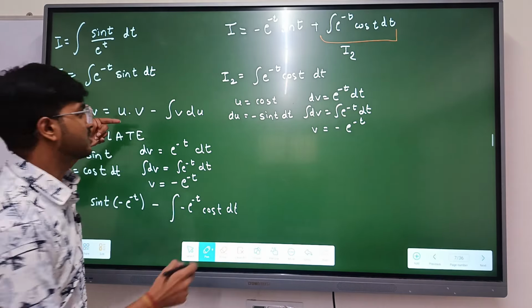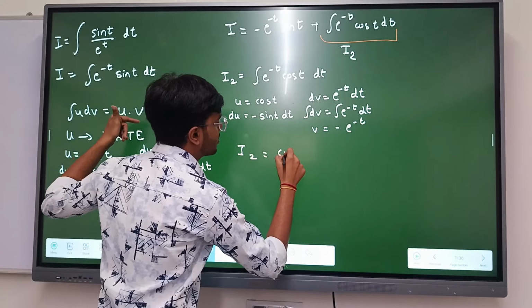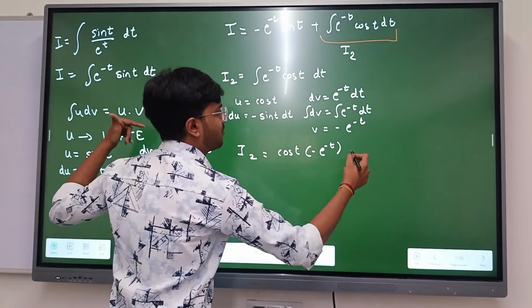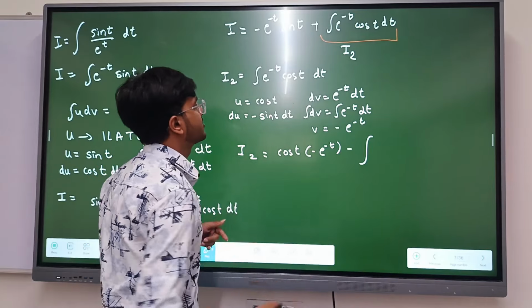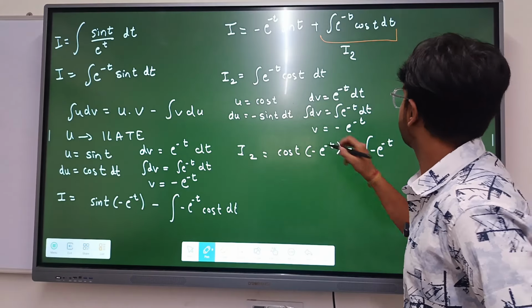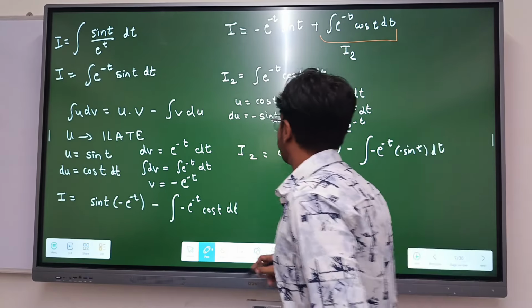So I2, integration u dv, is u into v. u is cos t, v is minus e^(-t), minus integration v du. What is v here? Minus e^(-t), and du is minus sin t dt. Too many minuses.